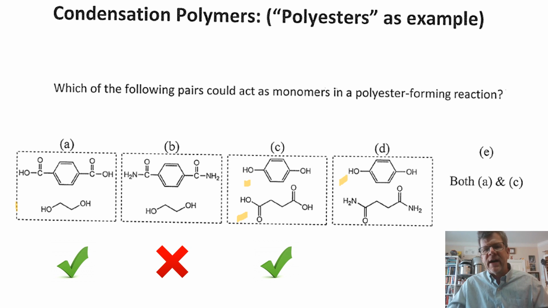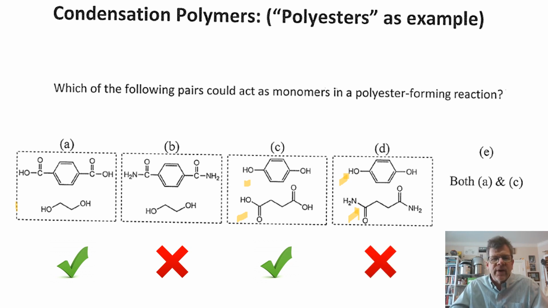Well, there's a dialcohol, but this is a diamide, and I don't know why I'm putting an amide in there, but the point is we have to have a dicarboxylic acid and a dialcohol, or else no go on this. So that's how we would approach this particular problem from the standpoint of what our two monomers need to look like.